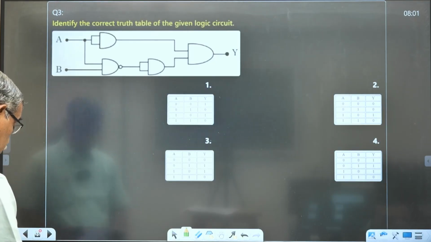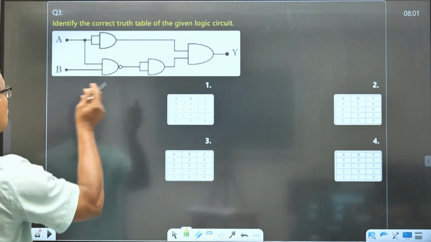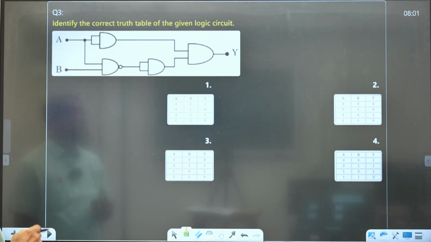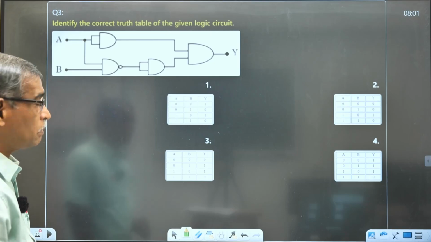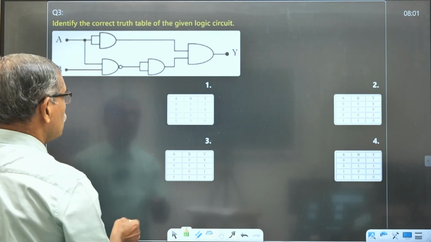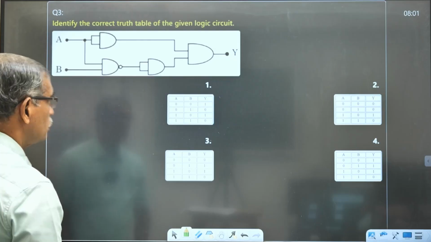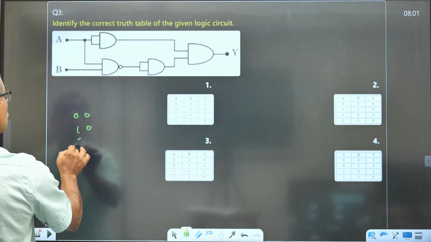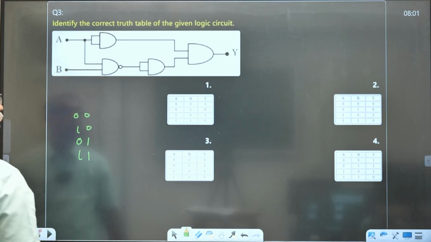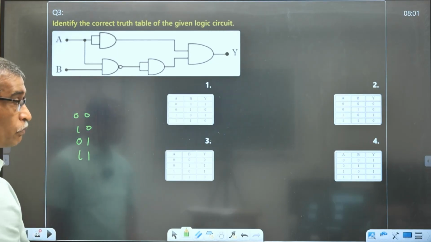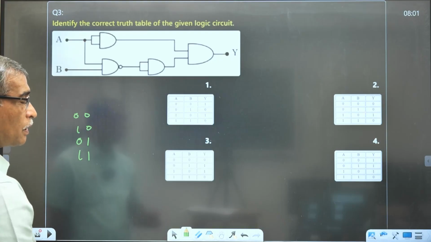Now, next question. You are given a digital circuit. Rather than discussing the Boolean expressions and applying De Morgan's theorem, better we give the inputs. What are the inputs? 0 0, 0 1, 1 0, and 1 1. And see the output. Whichever table agrees with that is our option.